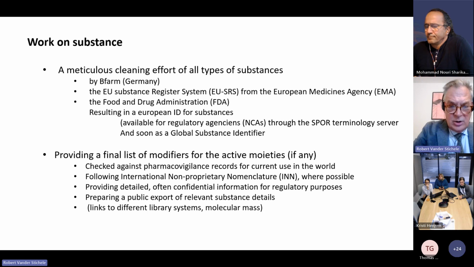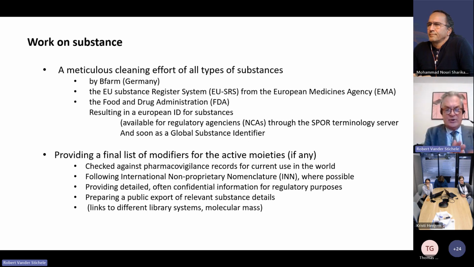They follow international non-proprietary nomenclature where possible. So, Mohammed has already alluded to that. They provide detailed and often confidential information for regulatory purposes, but they are preparing a public export of the relevant substance details, such as links to the different library systems and coding systems and molecular mass of the substances.